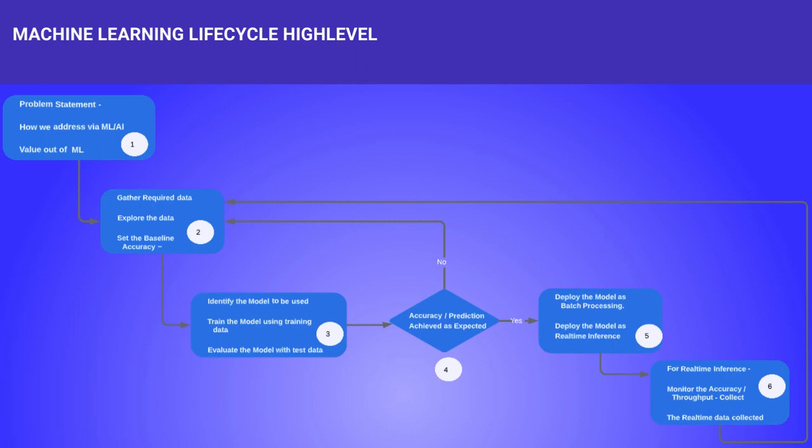Is it going to be a classic machine learning problem like regression, logistic regression or linear regression, or is it going to be a large model like NLP or computer vision?